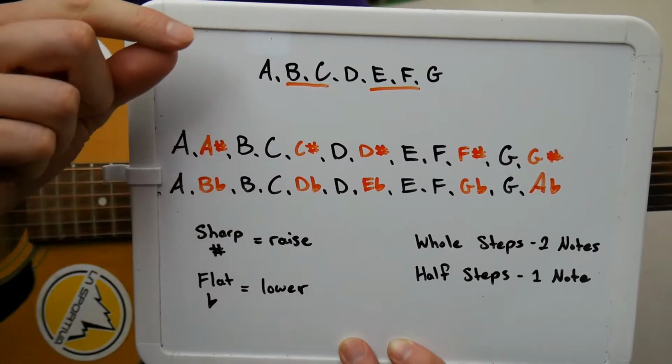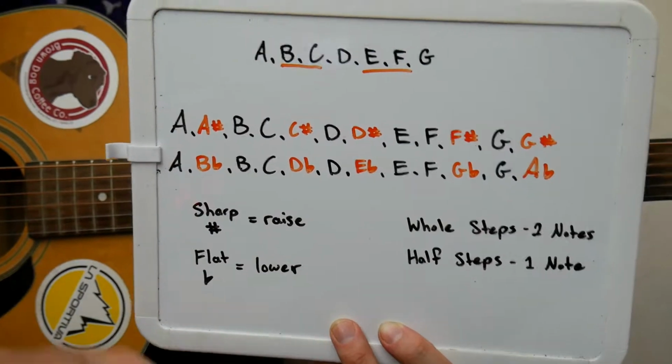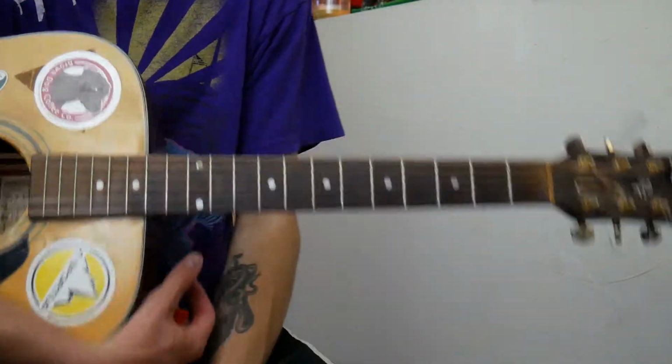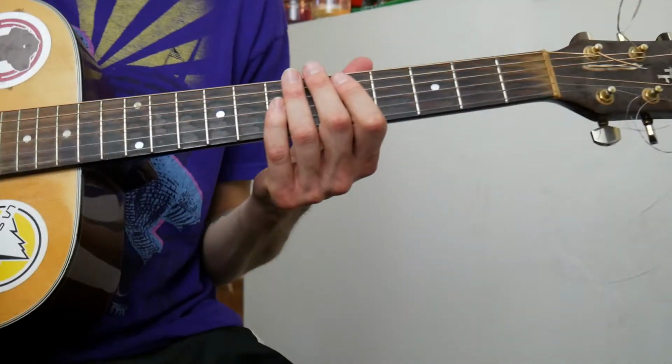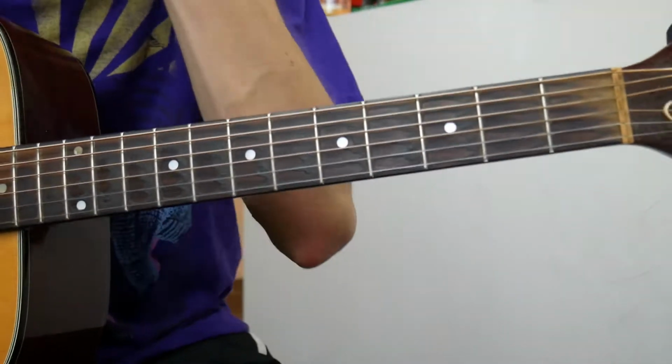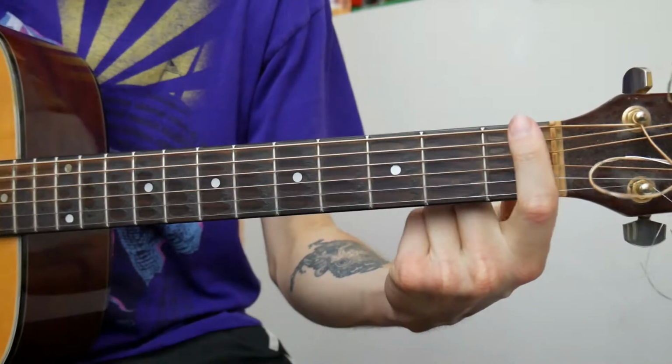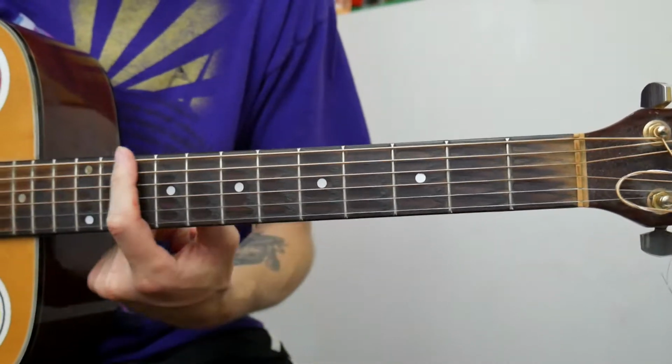Now, I'm going to go straight to the guitar and show you how this works. We're always going up the alphabet when we go up this way on the guitar.